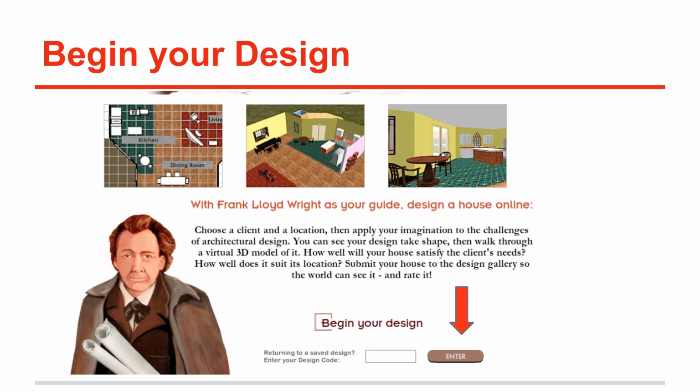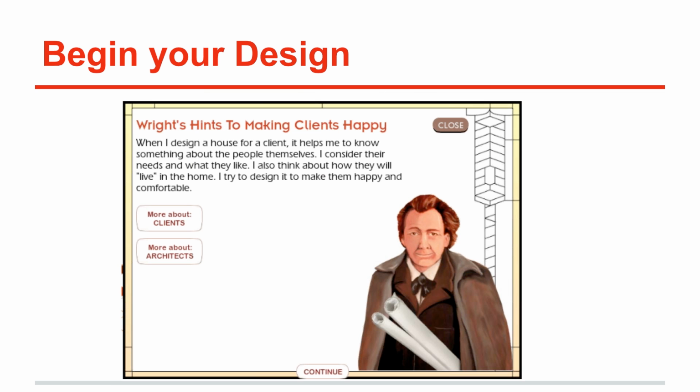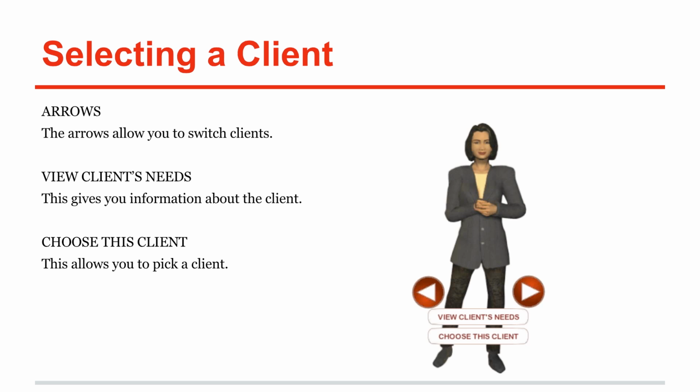Then we went over how to start, and you click begin your design or enter, and you always have Frank Lloyd Wright, this cartoon image of him, and this is kind of a help menu that allows you to design things. Now, we went over selecting a client. When you're selecting a client, you use the arrow keys and you can select one of multiple clients.